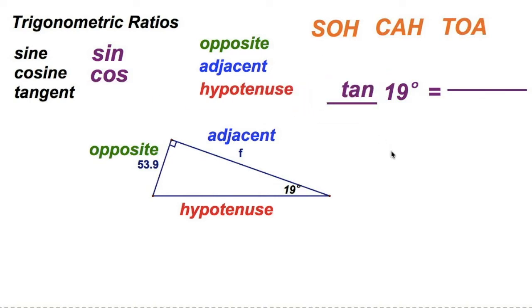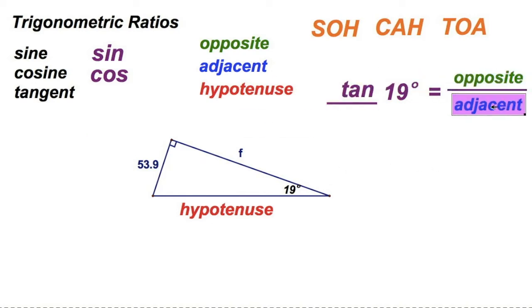We're going to write tan on our calculator. The tangent of 19 degrees is equal to, of course, the opposite over the adjacent. So let's write that down. Tangent of 19 is 53.9 over F.